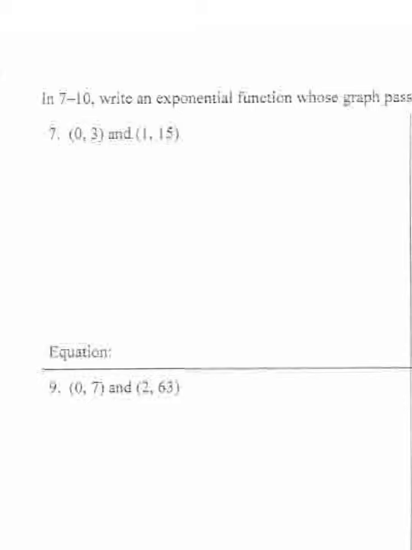Alright, in this video we're going to discuss how to write an exponential function whose graph passes through 2 points. So an exponential function has a form of y equals a times b to the x.